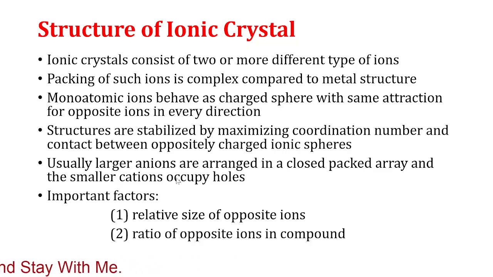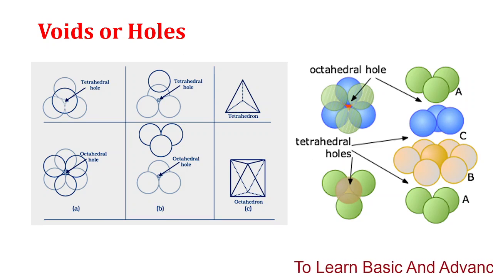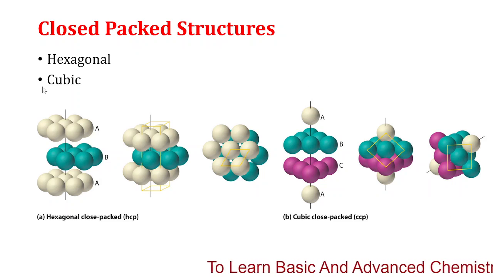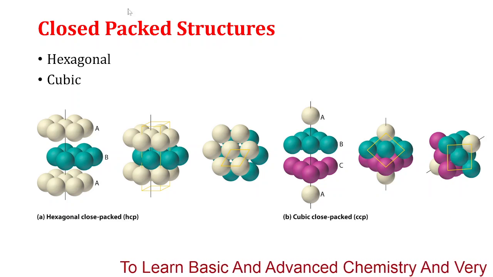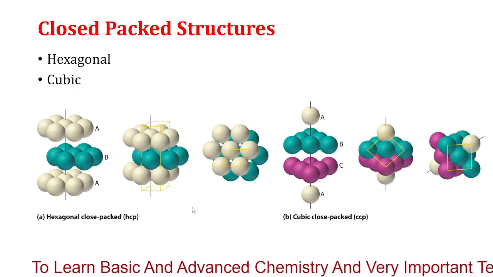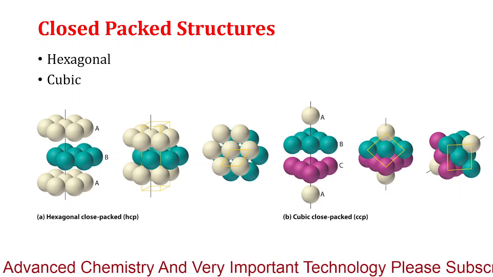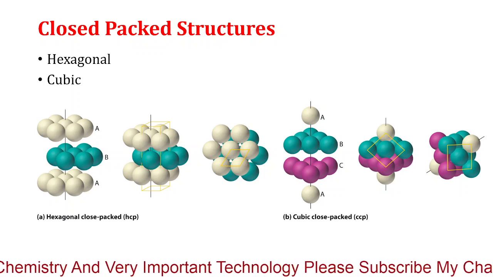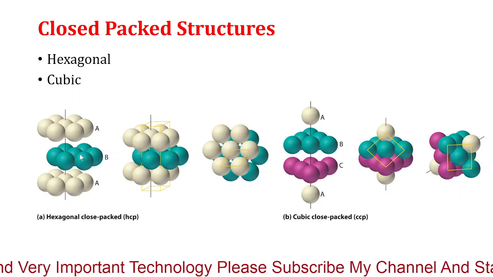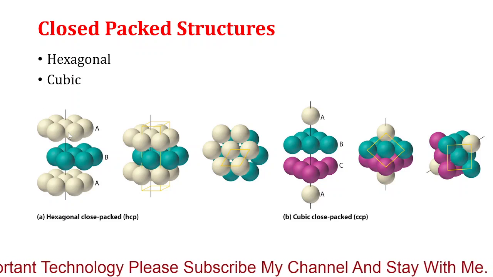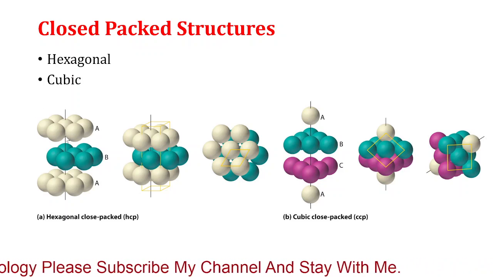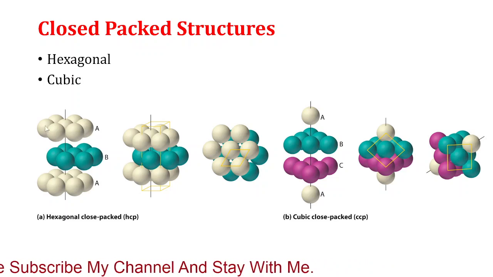So usually larger anions are arranged in a closed packed array and the smaller cations occupy holes. That means closed packed structure. We have mentioned that closed packed structure. So if you have some bigger atoms, consider sodium chloride, in that case chlorine is bigger in size compared to sodium.